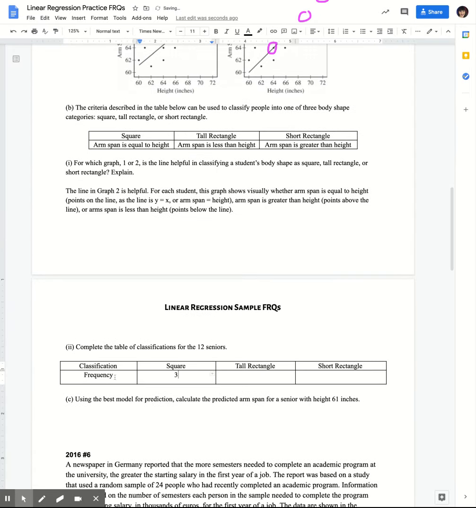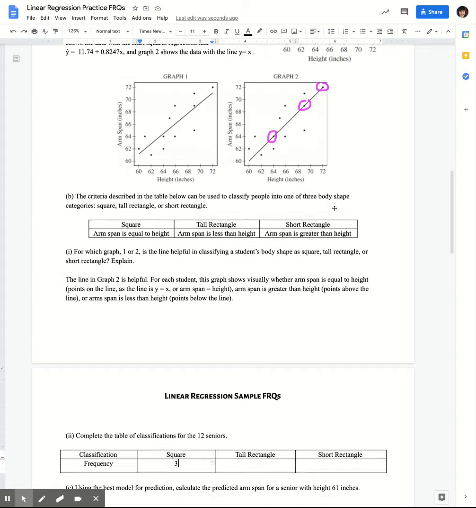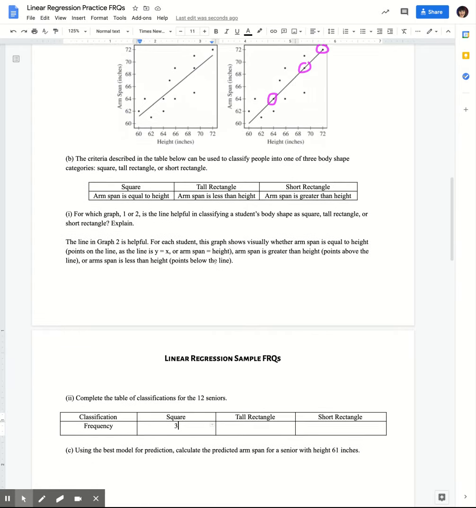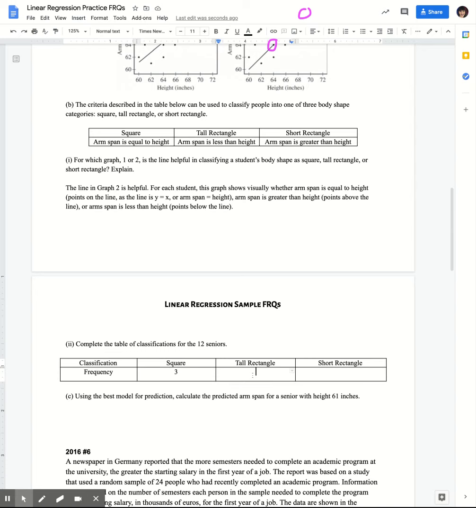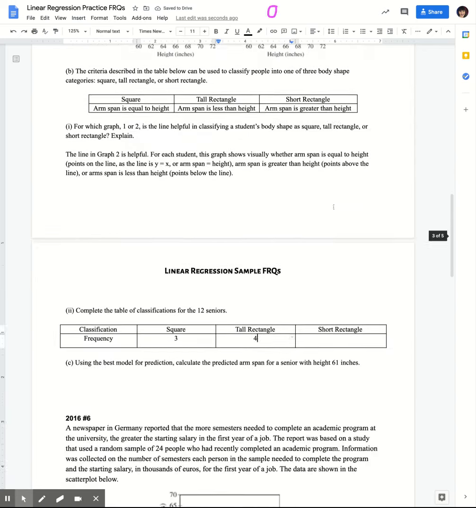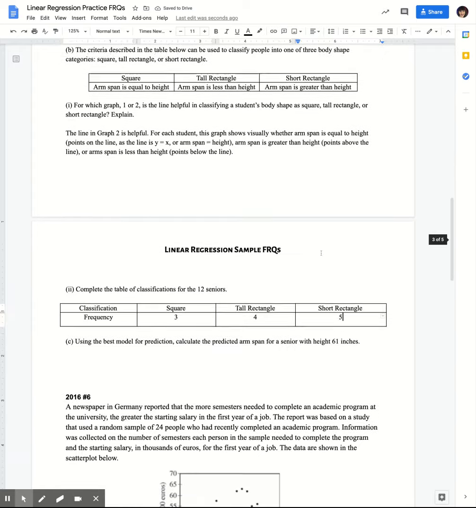Okay, there's 3 people. Remember, frequency is just the fancy statistics word for count. Okay, tall rectangle is those that are below the line, right? Tall rectangle is below the line, so there's 4 tall rectangles, right? Height is greater than arm span, and then the remaining 5 are short rectangles that are above the line, okay?